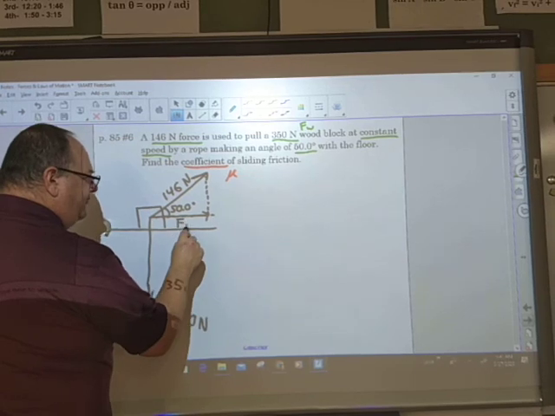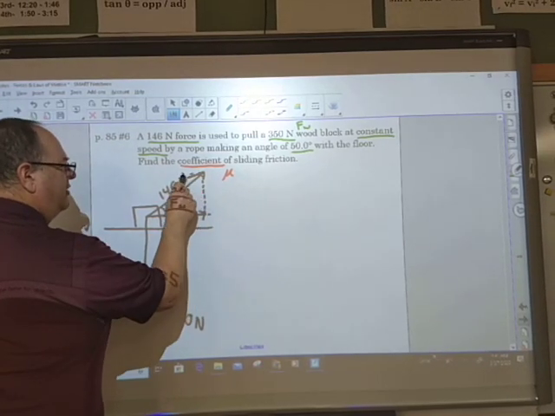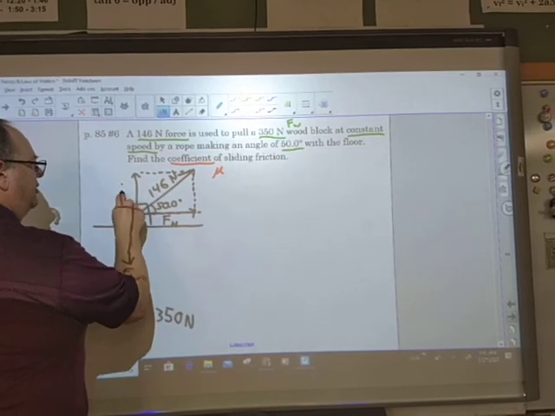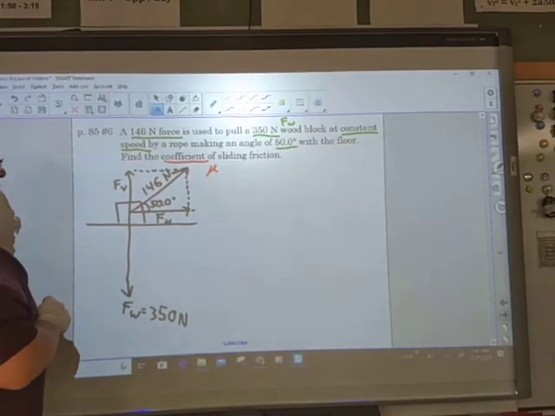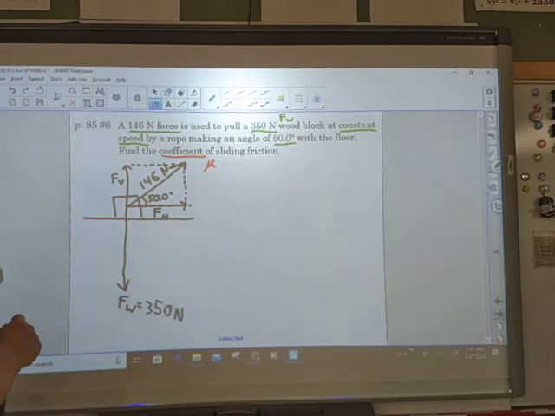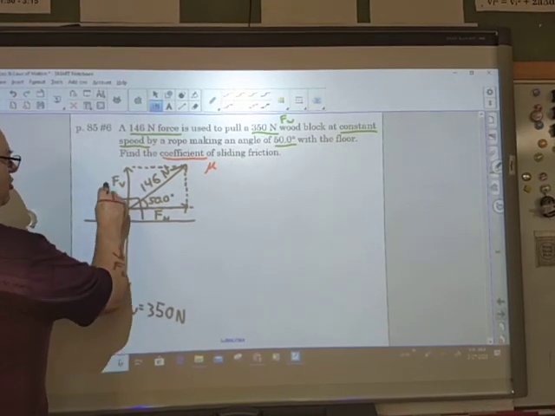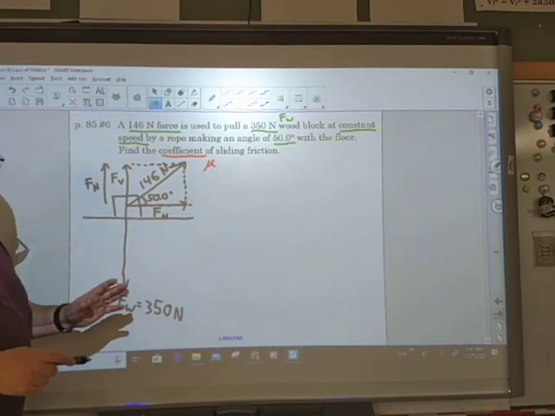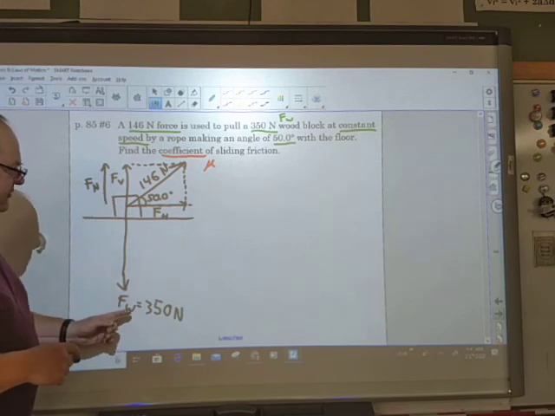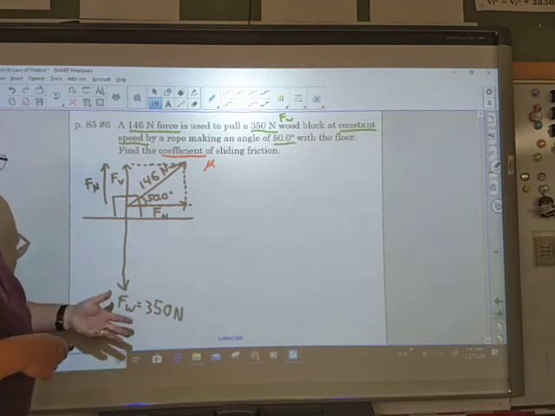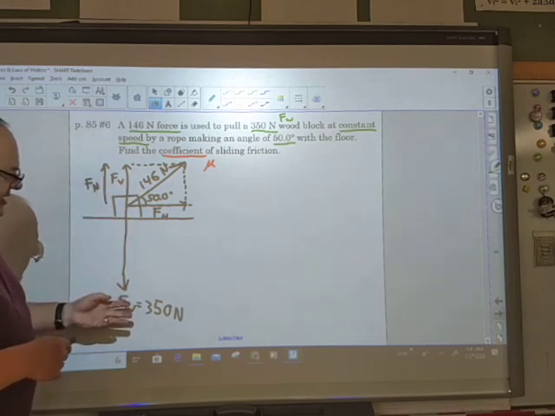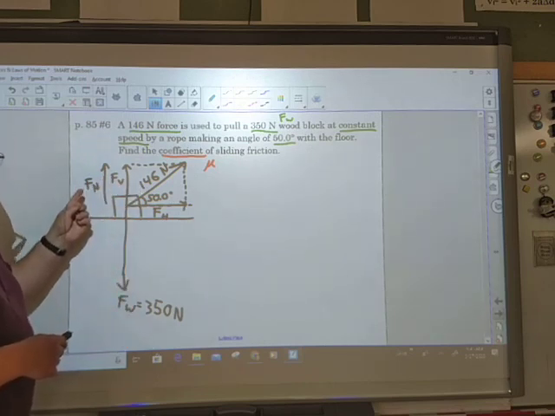I'm going to call that F sub H, and part of it is going this way. I'm going to call that F sub V. Also, there is going to be a normal force, which is going to make up the difference between F_V and F_W because the block's not sinking into the floor. And I can tell that F_V is going to be less than F_W, so the floor is going to have to push back a little bit.